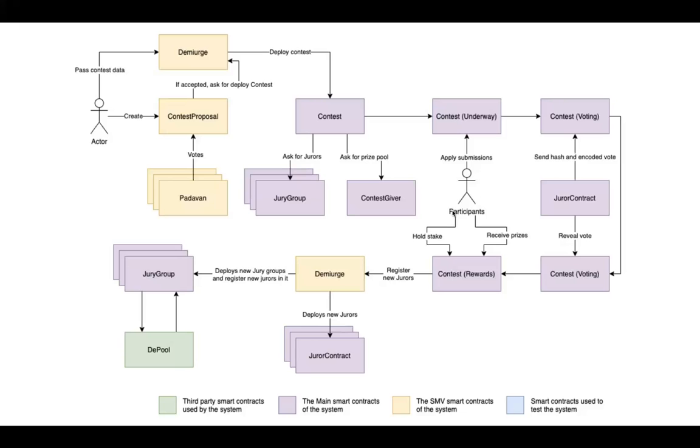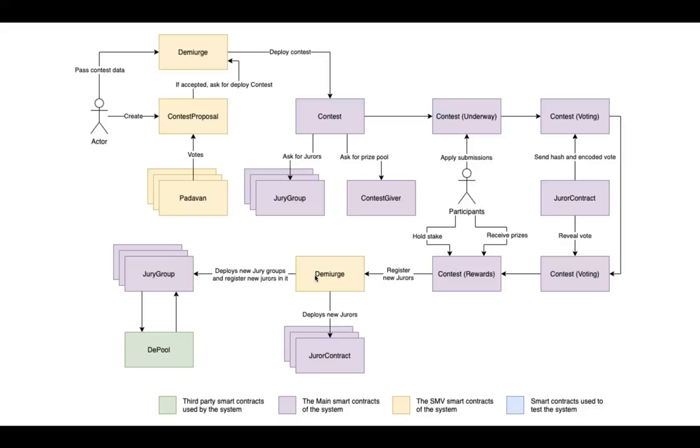So if he decides to hold a part of his stake, for example, hold 3 angry tokens, the contest will call the Demiurge and say, register, please, a new juror. Participants first of all select the tag of the contest.